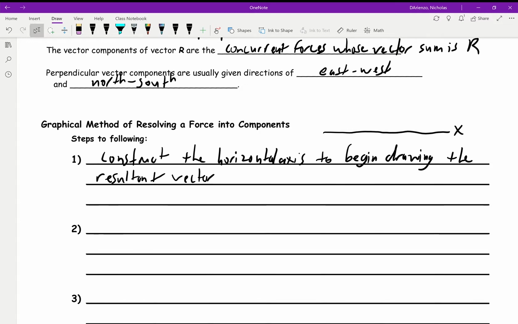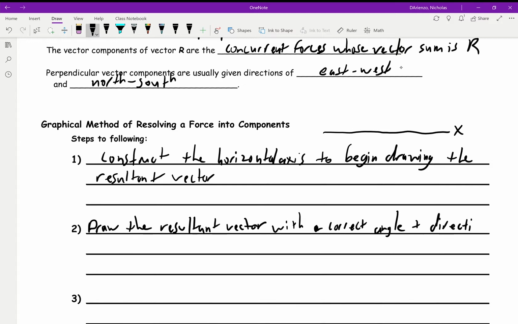And then we're going to draw the resultant vector with correct angle and direction. So we consider vector R, we'll call that R, and it's got some angle theta.